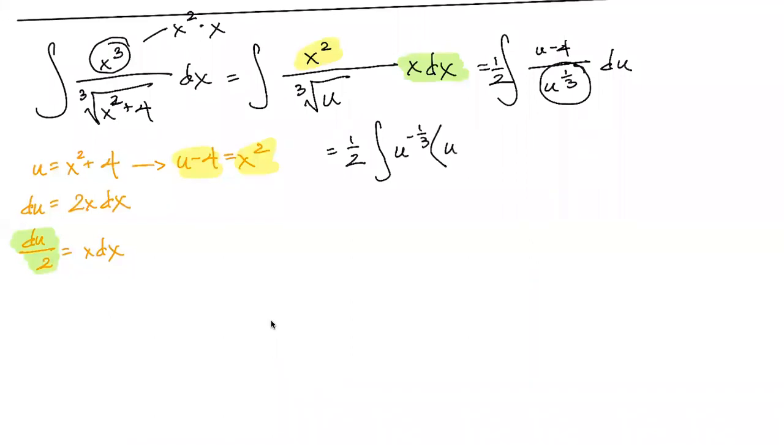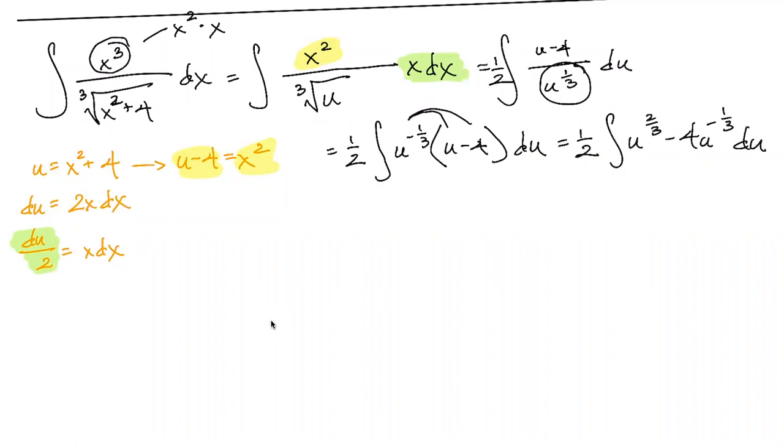And then I still have my u minus 4. And now I'm gonna go ahead and distribute that u to the negative 1/3 to the u, as well as the minus 4. And that's going to give me 1/2 the integral of u to the 2/3 minus 4u to the negative 1/3 du.